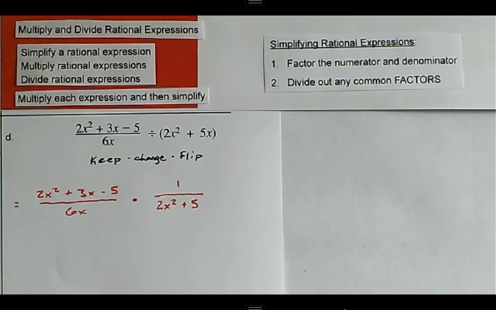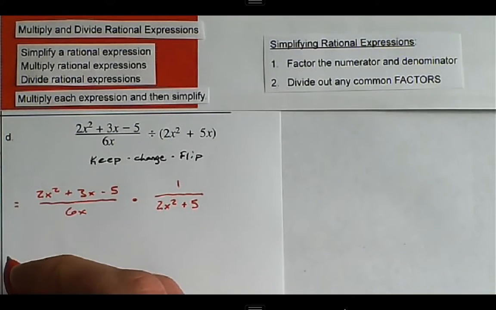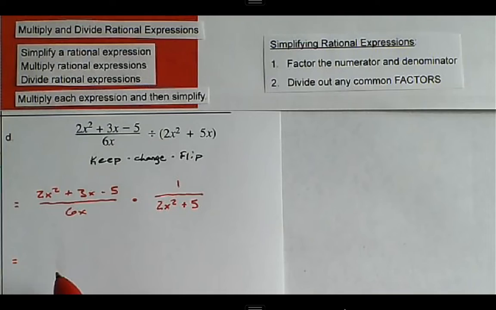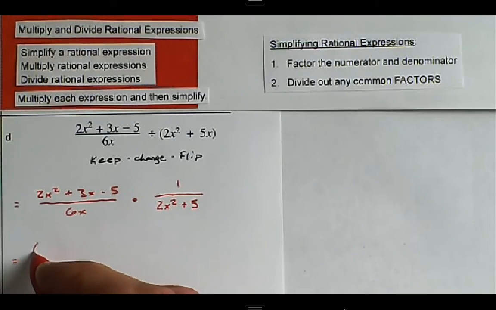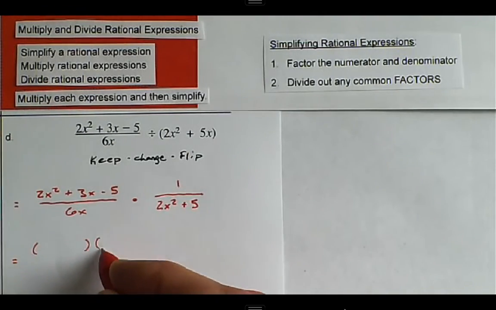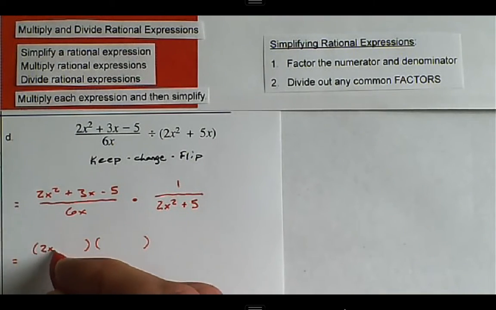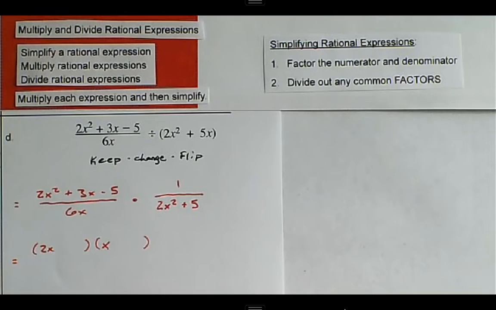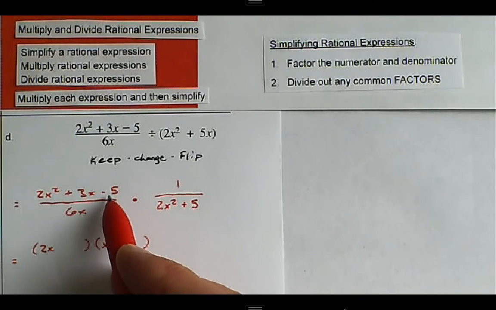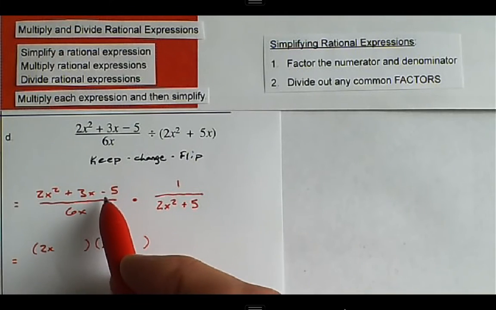And now what we want to do is factor all the parts that we can. In the numerator, I see that we have 2x squared, so that becomes 2x and x. And then we need two numbers that multiply together to get 5, or negative 5, but eventually they have to add to 3.